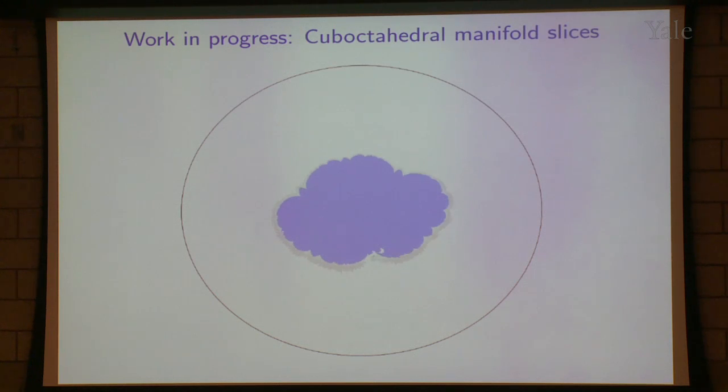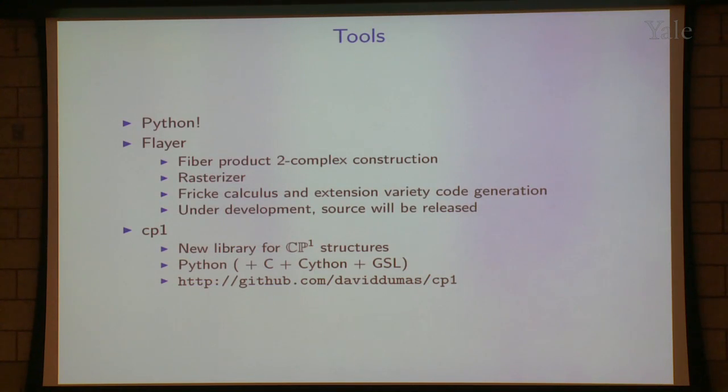And you get a family of slices. But unfortunately, our program has some trouble lifting triangles here. So we don't yet have a full image of this skinning, even slices of this skinning map image for the cube octahedral manifold.